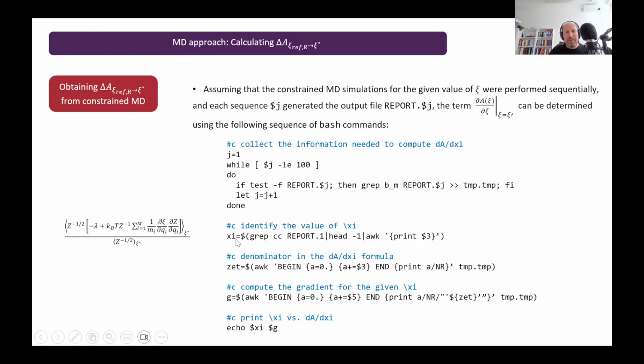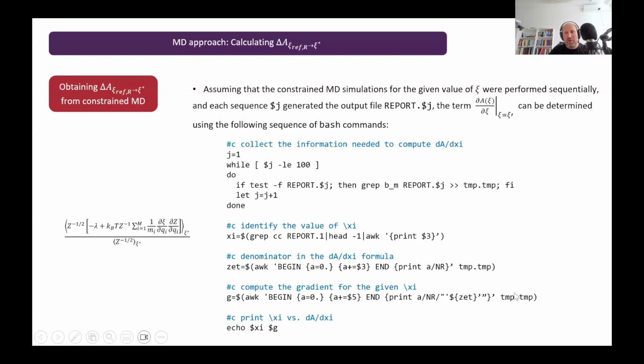After this loop is completed, I extract the value of the reaction coordinate. It is constant throughout the runs, so I only need to take the first number that I see in the very first file, for instance. Then I calculate the denominator, call it z, and for that I use this temporary file and I average over entry 3. Here it is. Then I do a similar thing with the numerator.